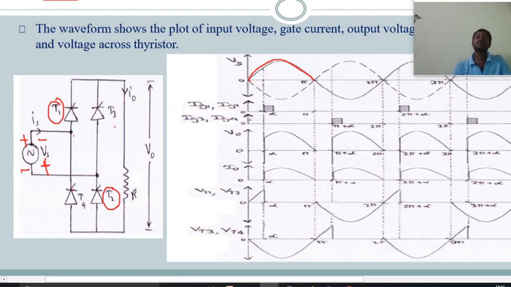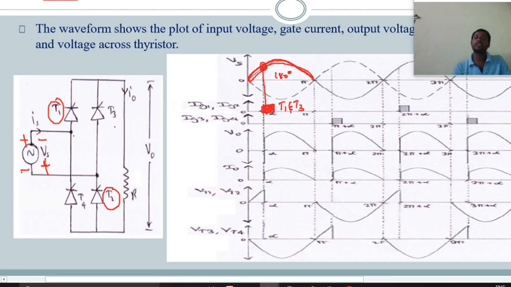So at this point T1 and T2 should turn on. We can give the gate pulse anywhere in this 180 degrees. But for instance, the firing angle is given at this point.